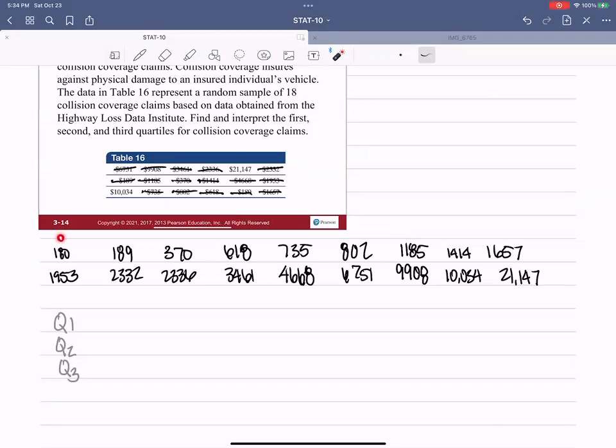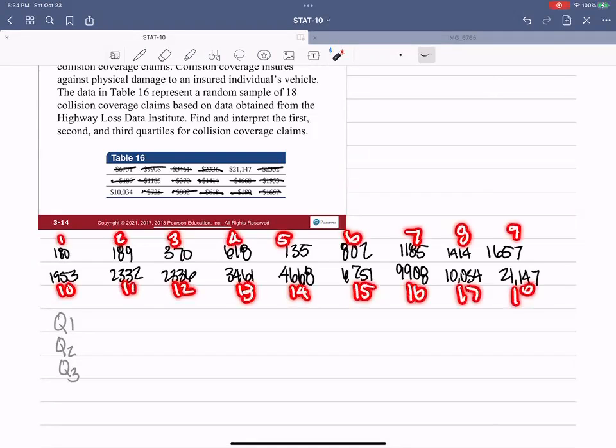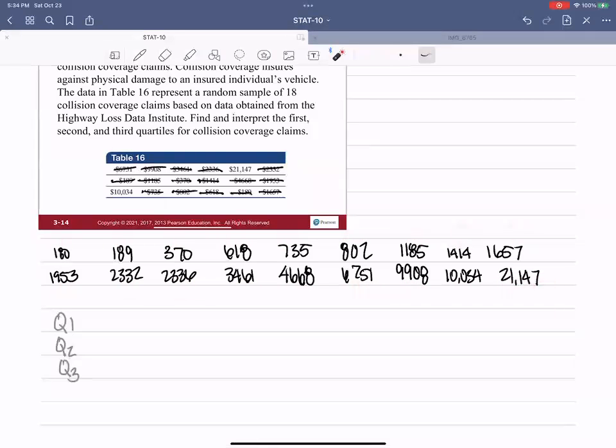So looking at this data set, we have 1, 2, 3, 4, 5, 6, 7, 8, 9, 10, 11, 12, 13, 14, 15, 16, 17, and 18. So 18 being an even number, we're going to get the middle two numbers of the data set, and the average of those is going to be our median for the data set.